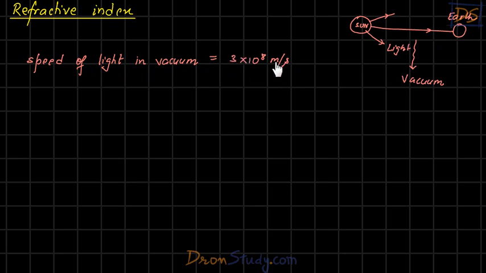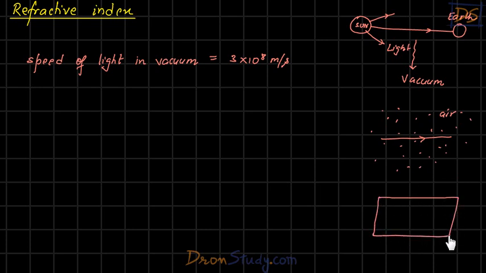Okay, students. But students, suppose we have air here, right? In your room where you are currently sitting, there will be air. When light travels through this air, its speed is slightly different. Now think of a glass slab. A glass slab is nothing but a rectangular block of glass.